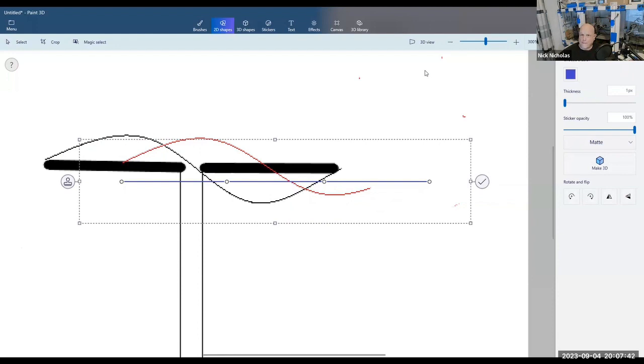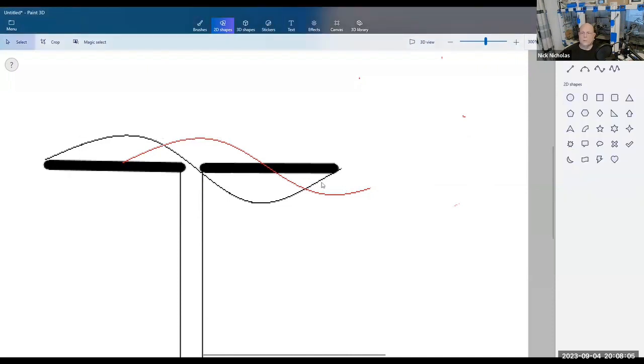So wavelength is an important principle of radio. You need the electromagnetic wave to travel the distance it travels along the antenna. You need it to travel it in a precise manner.